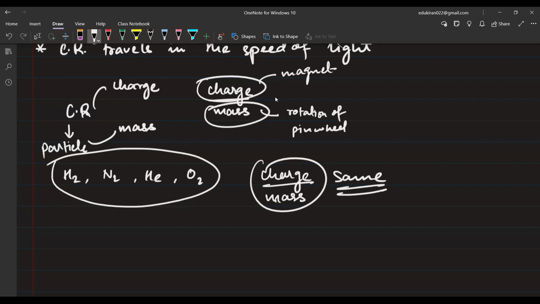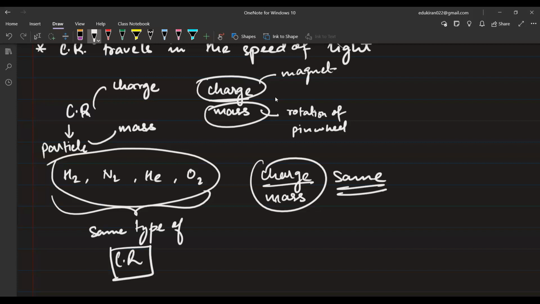Now this was an observation. Charge by mass ratio is always same. Now the conclusion from there, we can say that all of these emit the same type of cathode rays. That means the negatively charged particle that is present in each and every atom is independent of the type of gas.